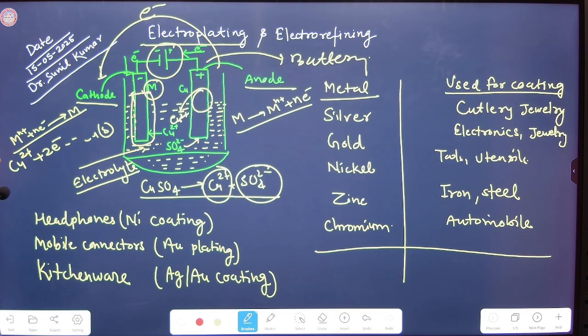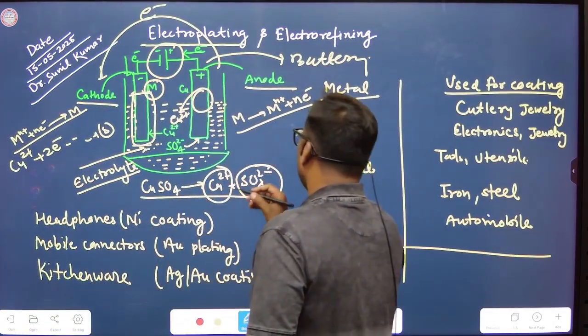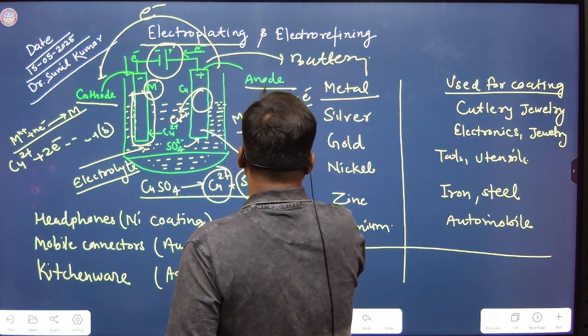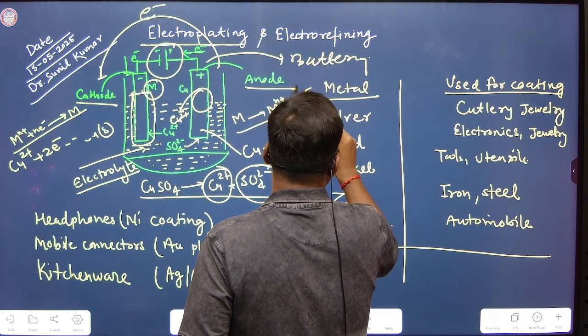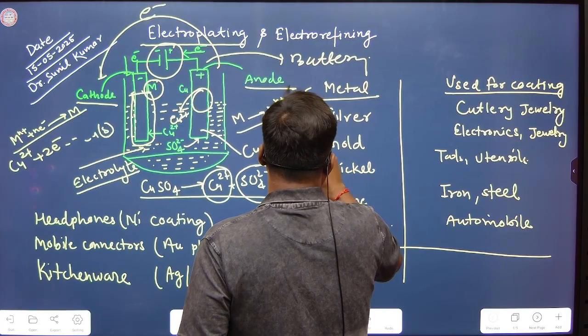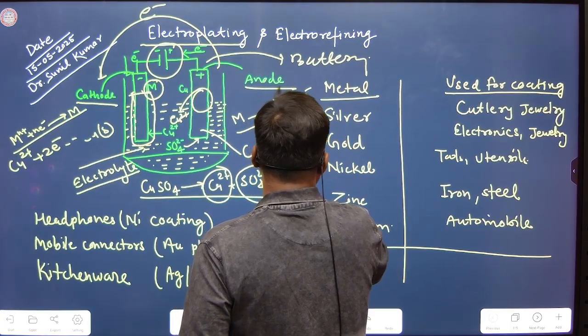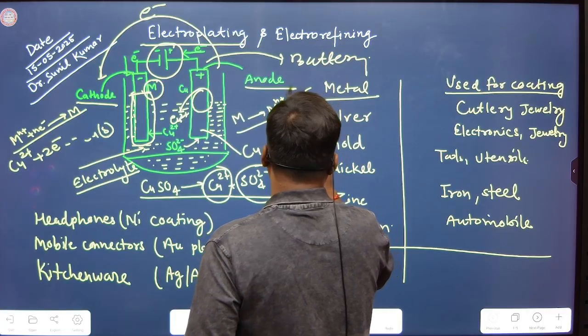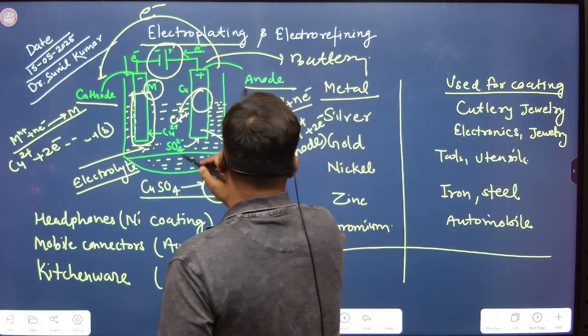So what happens at the anode side, right? Copper gets oxidized to Cu2+ plus 2 electrons at the anode. So copper is oxidized, meaning copper goes as Cu2+ into the electrolyte solution.